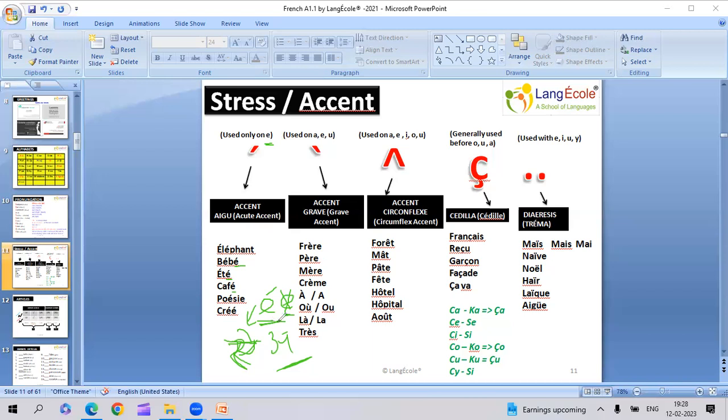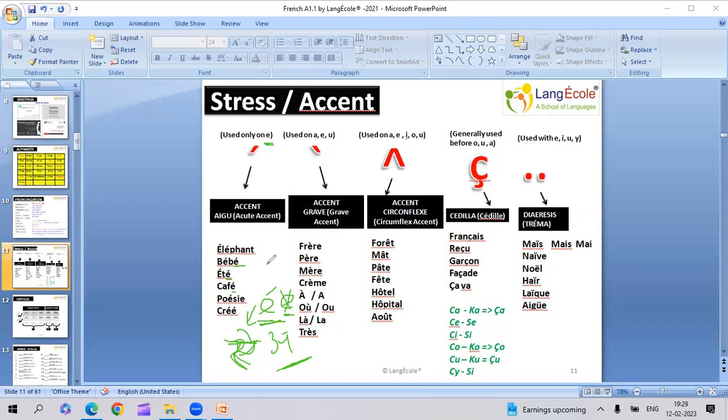Okay, this is also one of the things that you can memorize, a quick kind of thing. Because in French, when you have a normal e at the end of a word, 60 to 70% of the time it will be a feminine word. The gender of the word will be feminine.